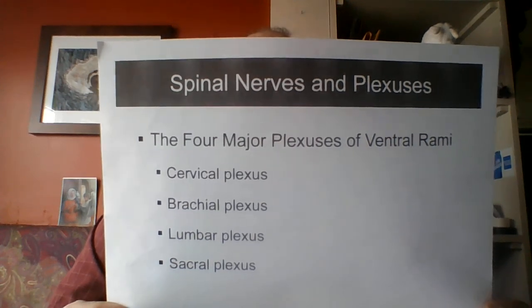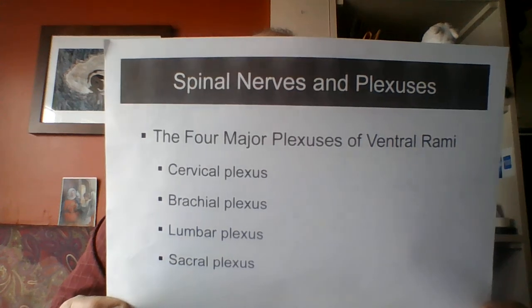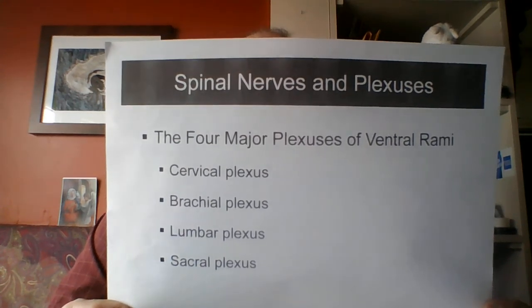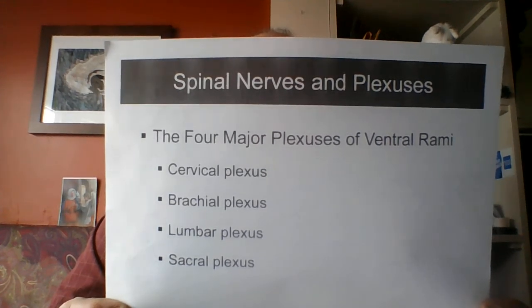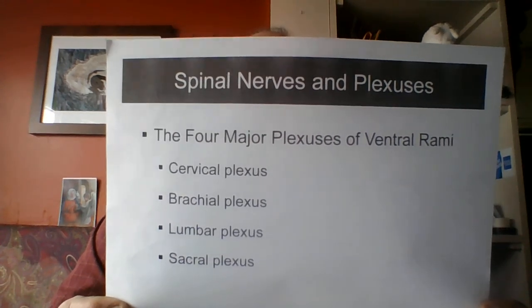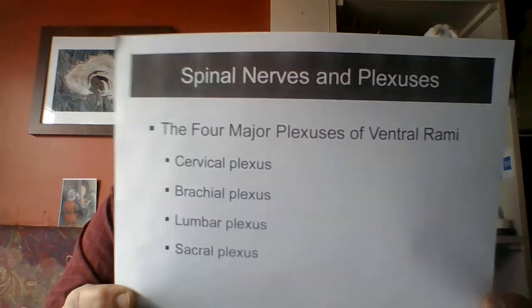Lumbar innervates back, abdomen, groin, thighs, knees, and calves, and that runs from T12 to L4. And then we have sacral, which innervates pelvis, buttocks, genitals, thighs, calves, and feet. And that's from L4 to S4. Alrighty, so everyone can see that.